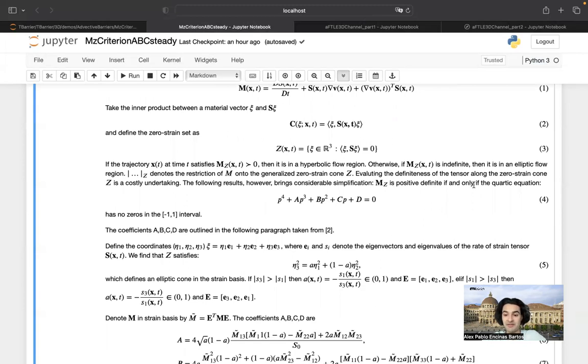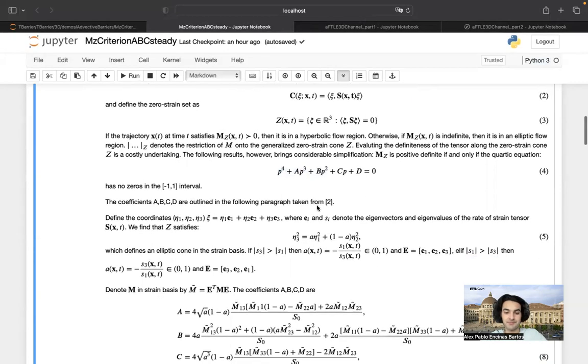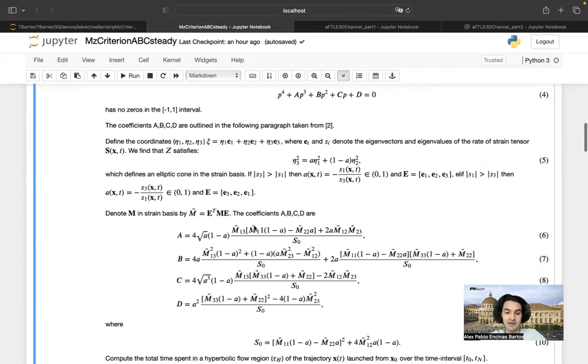So Mz is positive definite if and only if the quartic equation defined here has no zeros in the interval -1, 1. Of course, whether it has zeros in this interval or not needs to depend on the coefficients. So the coefficients A, B, C, D are given here.